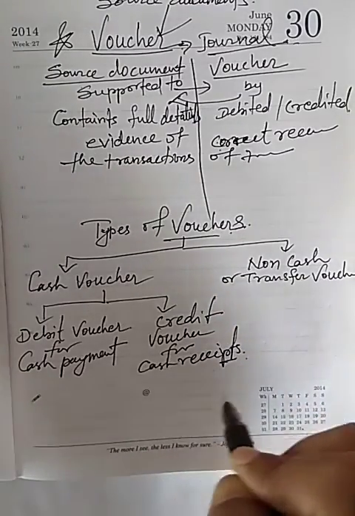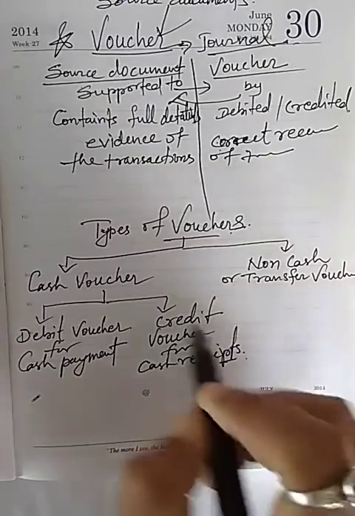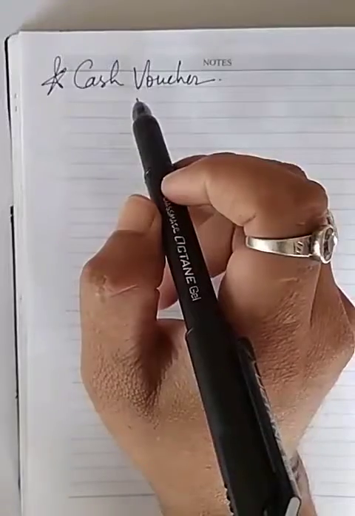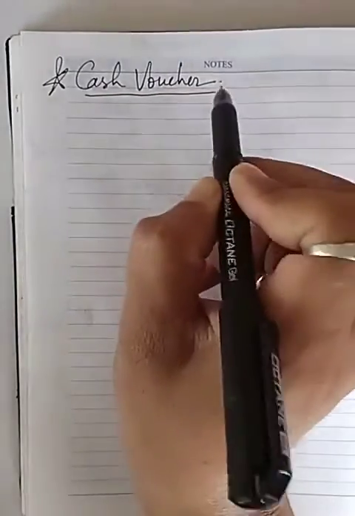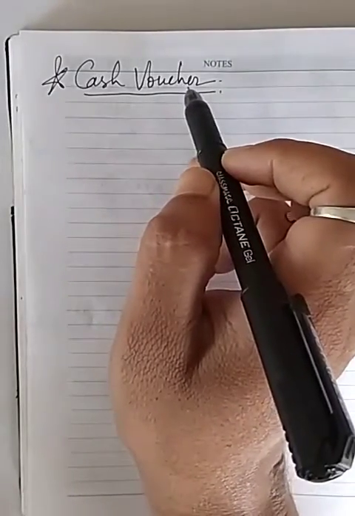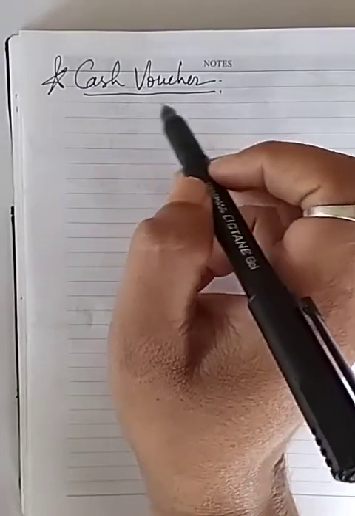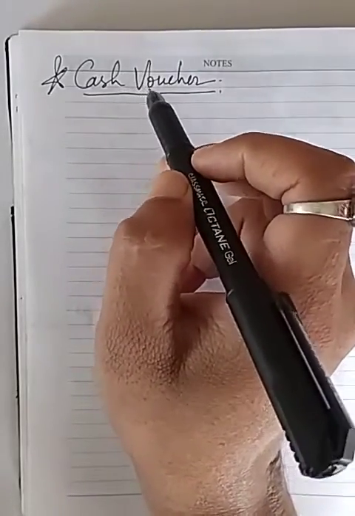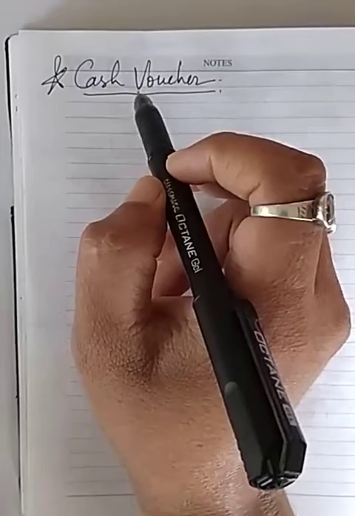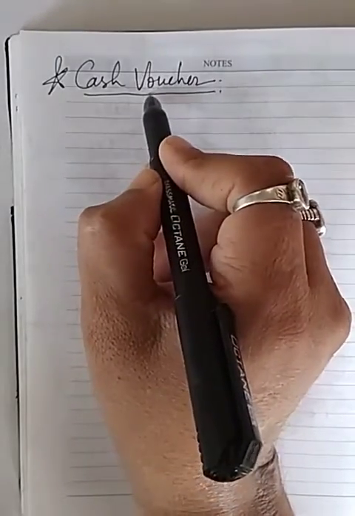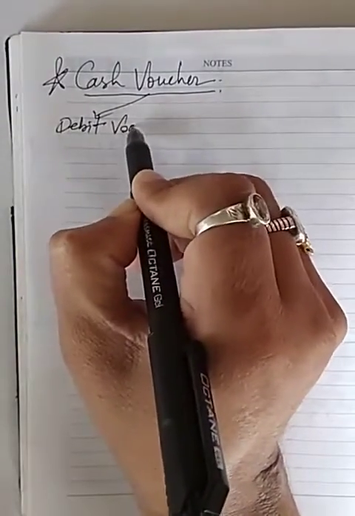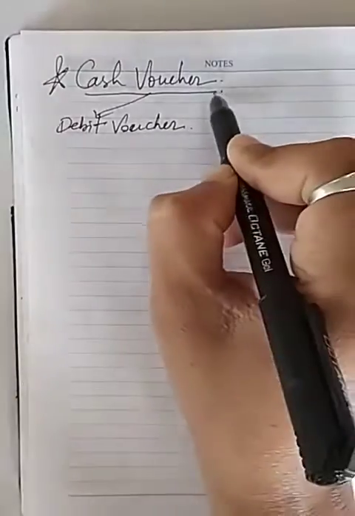Now I am going to explain about cash vouchers. Cash vouchers are prepared for cash transactions, that is cash receipt and cash payment. These are two types: debit voucher and credit voucher.